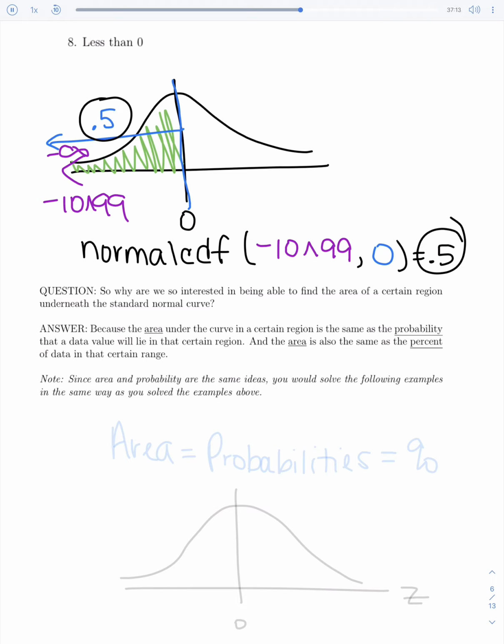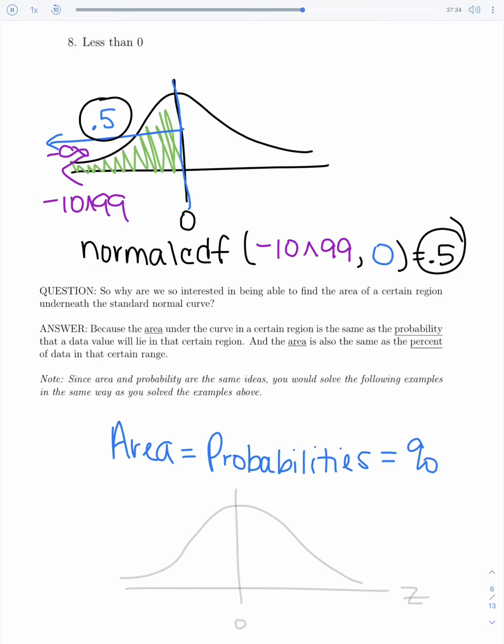So what we want to get used to in this chapter, in chapter 6, is that whether we are asked for areas, probabilities, or basically percentages, they all mean the same thing.